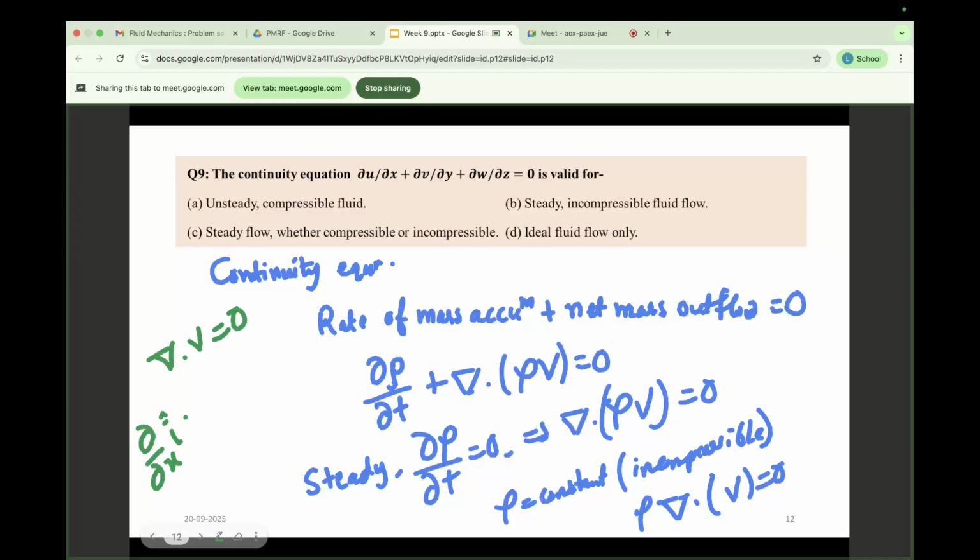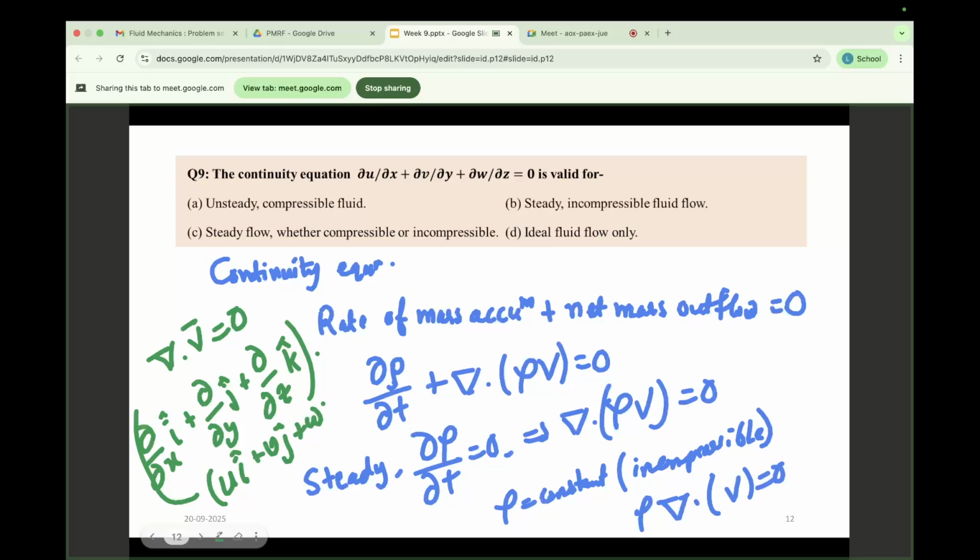Divergence is this one: del is i cap d/dx plus j cap d/dy plus k cap d/dz, and dot product with V. What is V? V is a vector. If it is in three directions, it is u i cap, u is in the x direction, v j cap, in the y direction, plus w k cap.